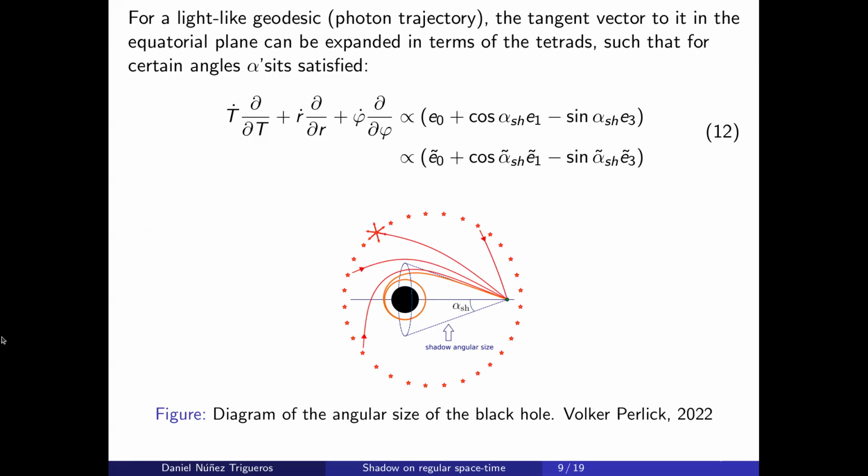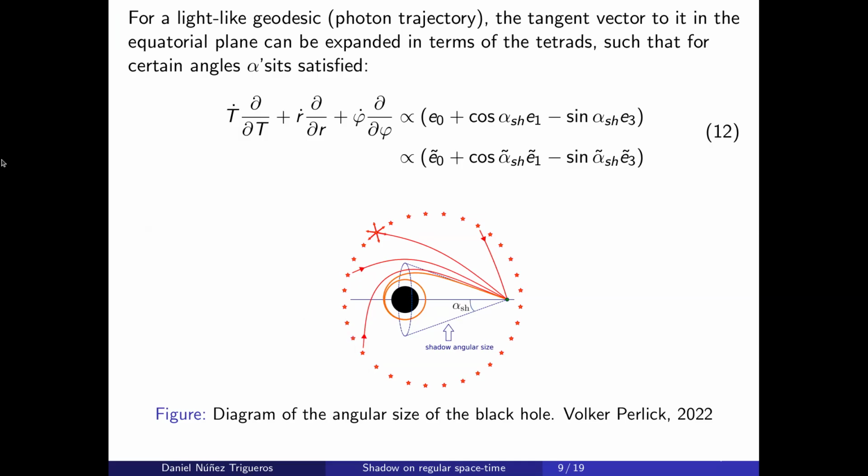What we are going to do is just express the tangent vector of the velocity in terms of the components of our tetrad. And what we're saying is that the angle alpha, that is the angular size of the shadow, is going to describe half of the diameter of our object or of the circular orbits that the photons follow.